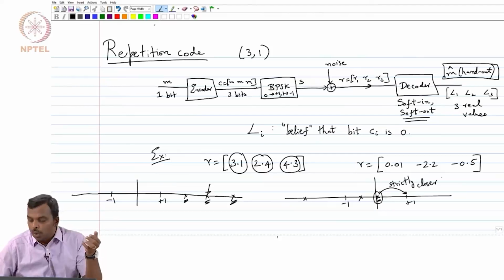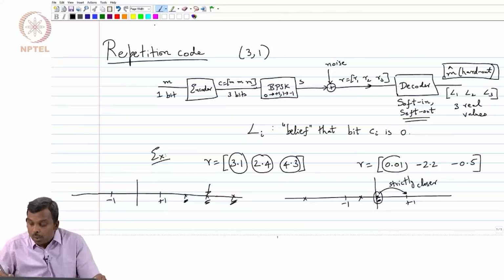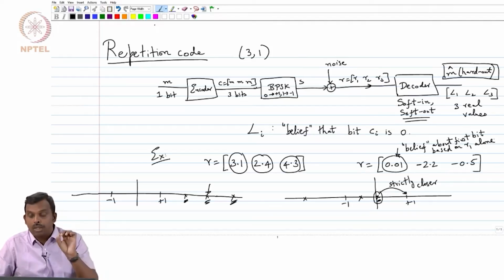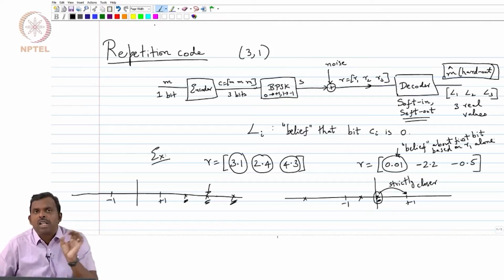I don't know whether it was +1 or -1 because it's just 0.01 off. So in that sense, 0.01 also represents a belief about the first bit based on R1 alone. You received R1, that was 0.01. If I'm not given any other information, that's the best belief I have.